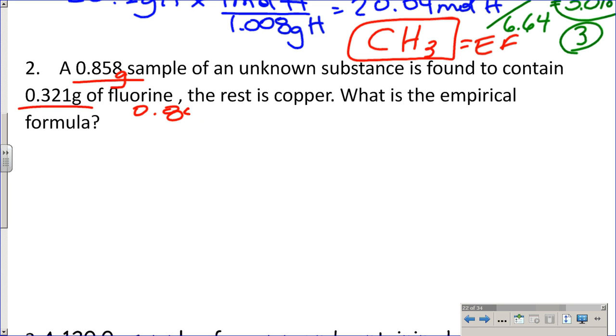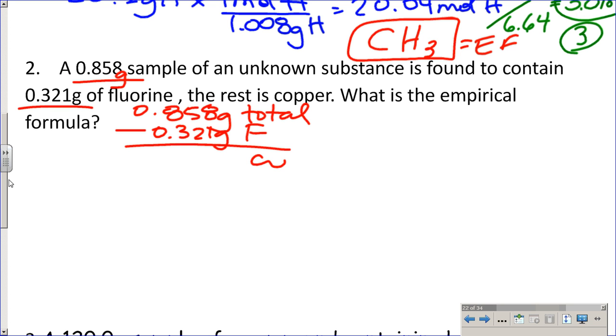You're taking your total sample and subtracting your grams of fluorine, so 0.321 grams of fluorine. So how much copper do you have? 0.537 grams of copper. Okay, so the two numbers that I've squared off are the two numbers you're starting with in order to start the problem. We just had to do a little business to get started here.